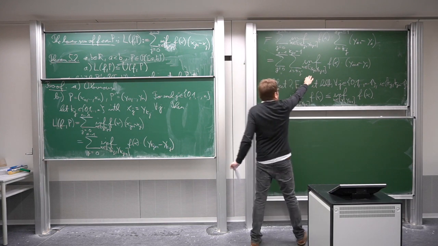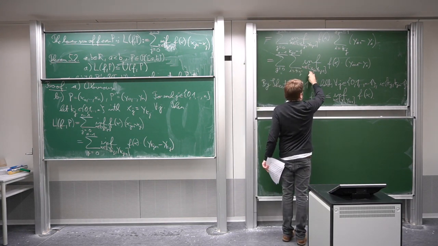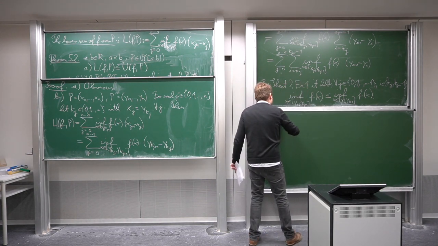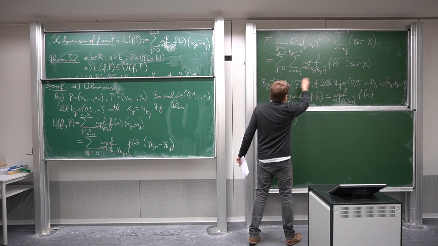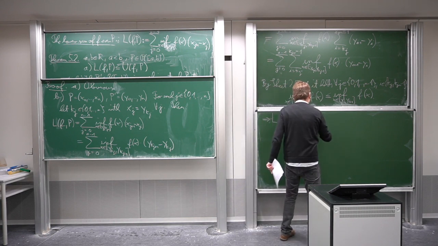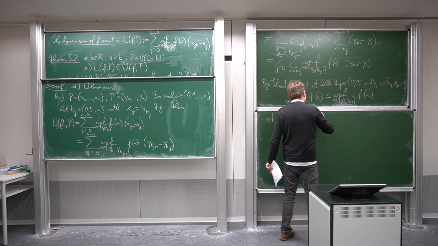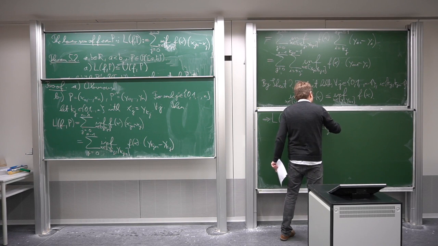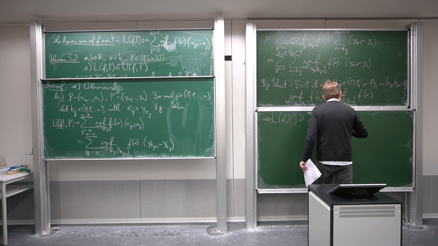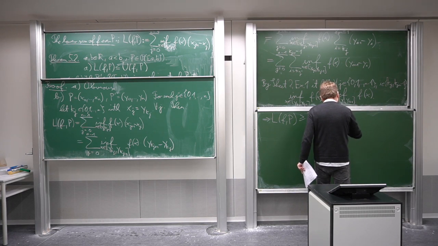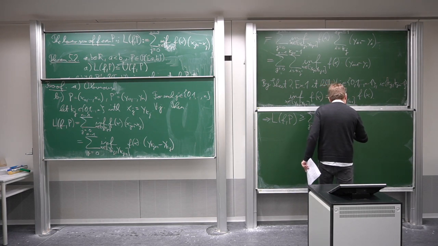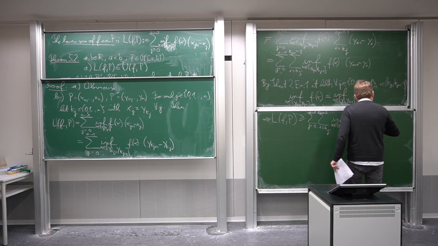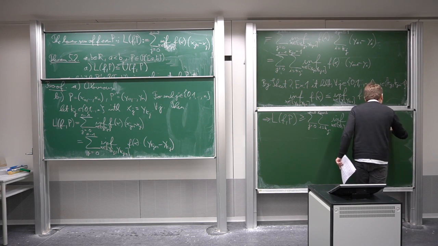So for each of the summands, we replace this interval by the corresponding interval from y_i to y_{i+1}, and we get that L(f,P), which is this, is bigger than or equal to the sum over j from 0 to n minus 1, the sum over i from k_j to k_{j+1} minus 1, of the infimum over all x in the interval from y_i to y_{i+1} of f(x), times y_{i+1} minus y_i.